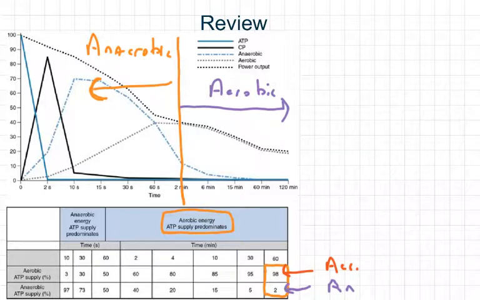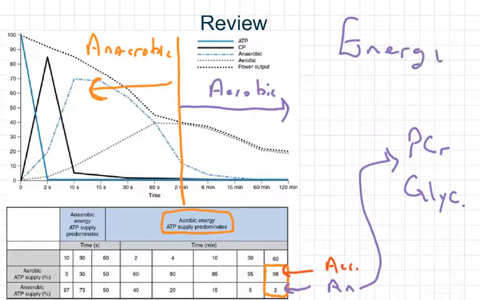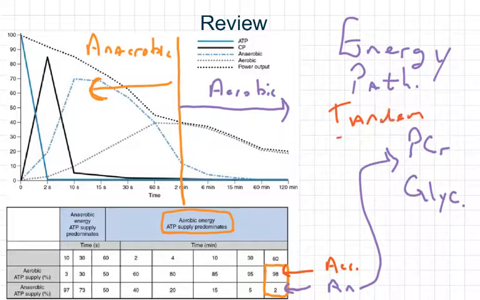And when we're talking about the anaerobic processes, we're talking about the PCR pathway and glycolysis. So the bottom line is the energy pathways are not stovepiped, but they work in tandem with each other. This is something I want you to keep in mind throughout this video as we discuss energy metabolism.